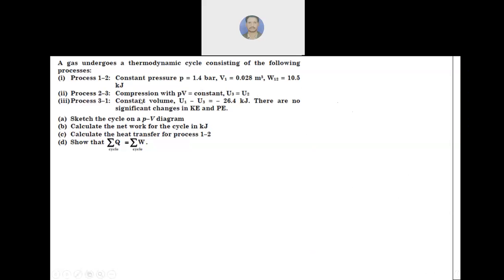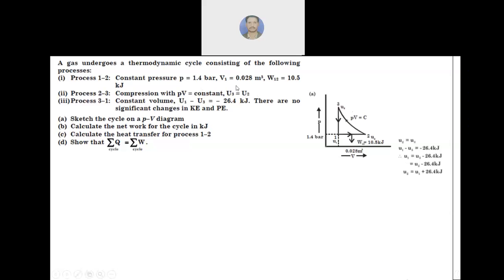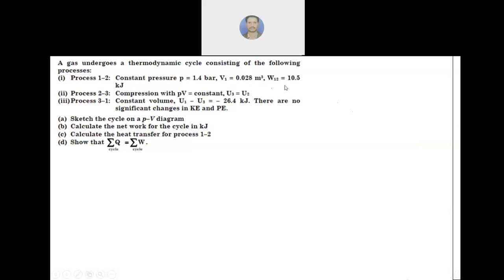The initial volume is given as 0.028 meter cube. The work done for this process is 10.5 kilojoule. So for process 1 2, the data given is constant pressure of 1.4 bar, initial volume 0.028 meter cube, and work done 10.5 kilojoule.